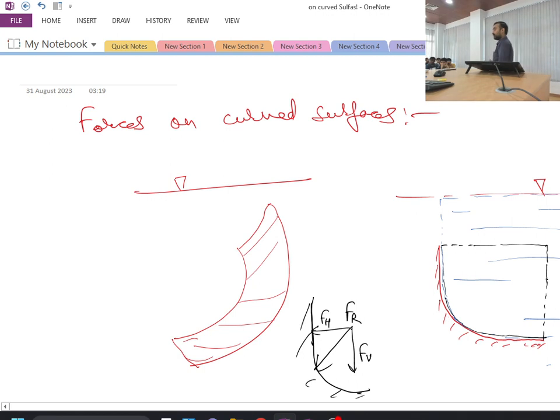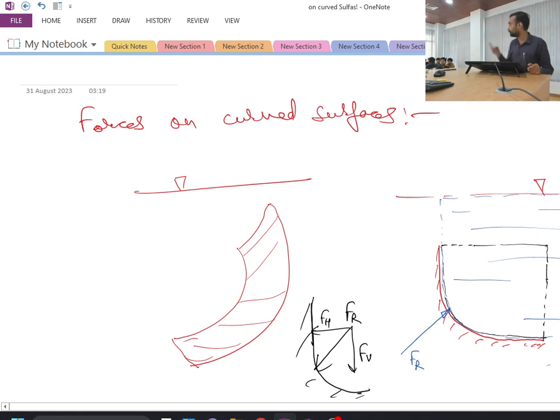Now, the way fluid applies force on the curved surface, from Newton's third law, this solid surface is also applying an equivalent amount of force on the liquid in order to support that liquid, just in the opposite direction. So if I take this black colored liquid volume, there is a resultant force acting on it in the opposite direction due to this solid surface.